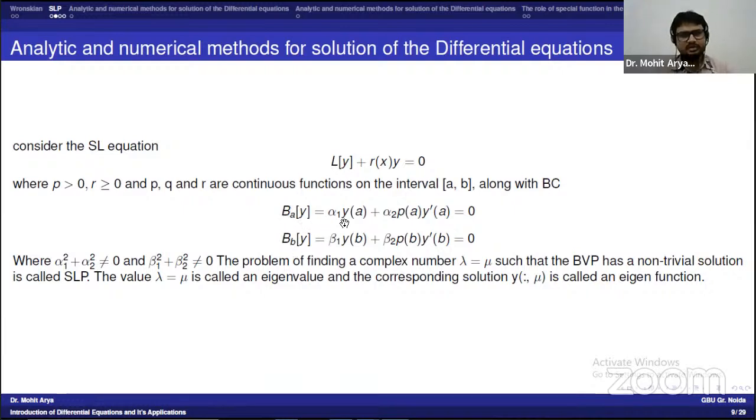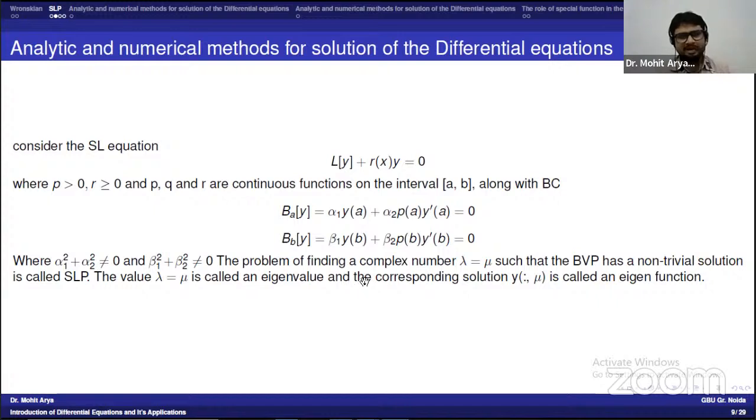The first boundary condition, at the point a, is alpha 1 y(a) plus alpha 2 p(a) y'(a) equals 0. The second boundary condition, at the point b, is beta 1 y(b) plus beta 2 p(b) y'(b) equals 0. Here alpha 1 squared plus alpha 2 squared is not equal to 0, and beta 1 squared plus beta 2 squared is not equal to 0.